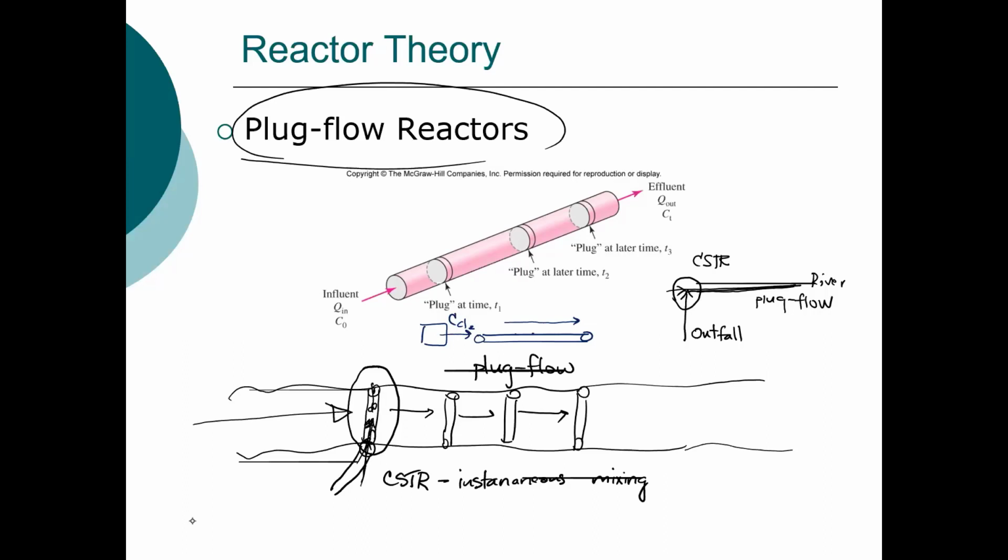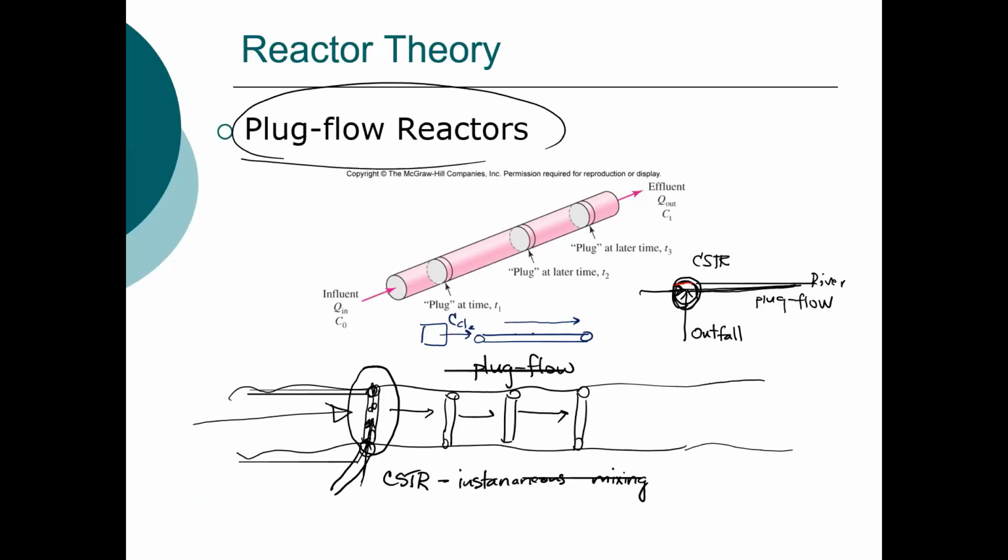Question, what's the difference between a CSTR and a CMFR? For all practical purposes, nothing. And what exactly is acting as the plug here? So basically, think about it here as we have this is our plug. So basically we have continuous mixing. We have this outfall and we have the river. And then I'm just going to try and change colors.